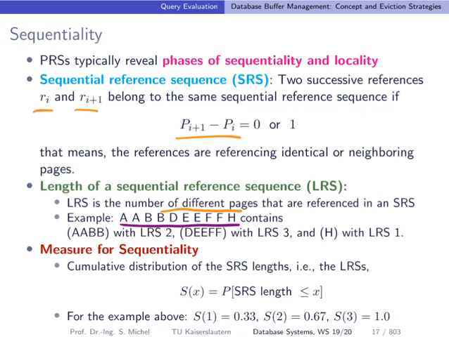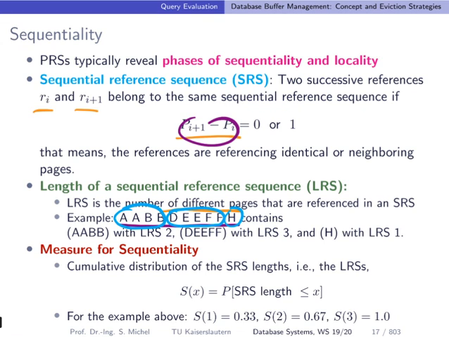But here, these different characters, if they're one away, like A and B, then this is the same as defined here, with i plus 1 and i. So if you're looking at this string here, we have certainly this sequential reference sequence, then this one, and then only the small one here.